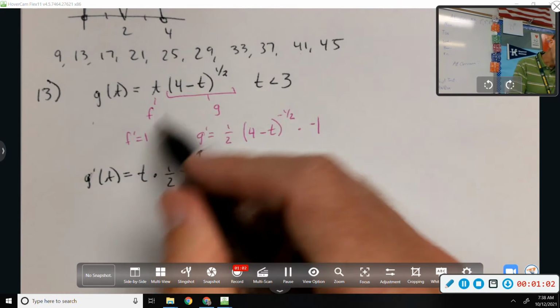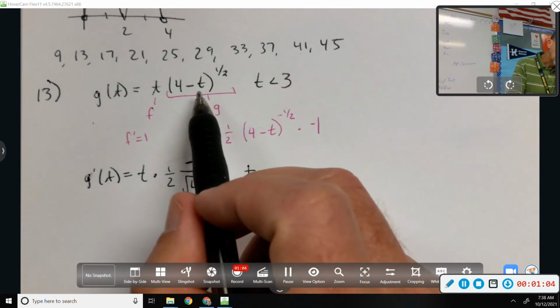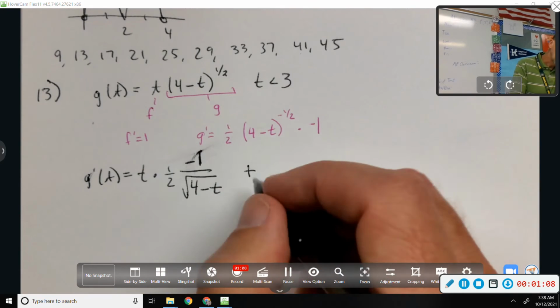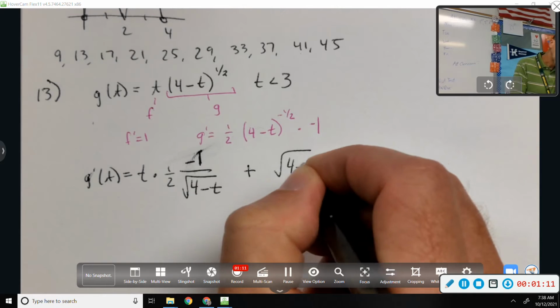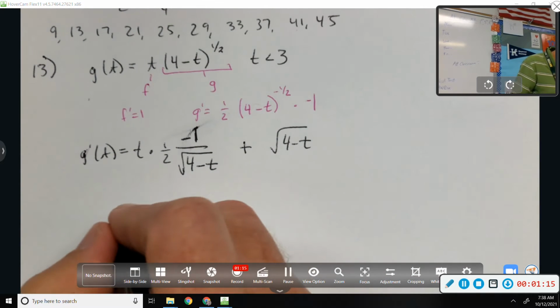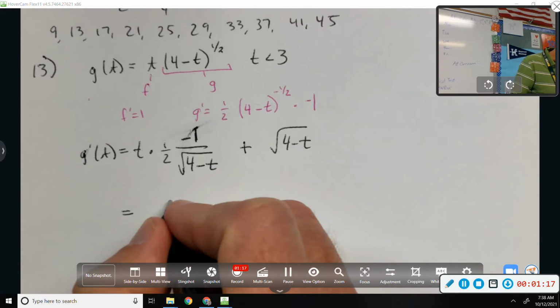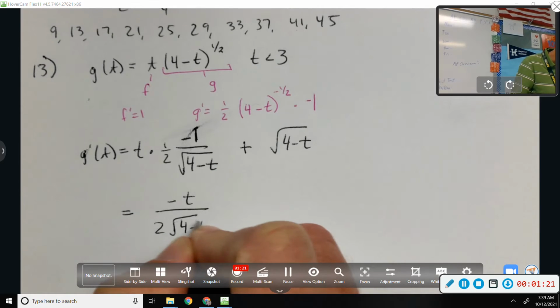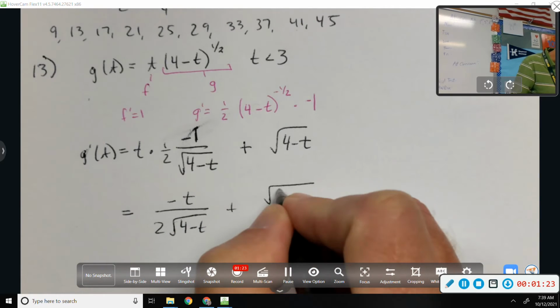Plus the other way around, so that would be 4 minus t to the 1/2 times 1, or just square root 4 minus t. Let's see, so negative t over 2 square root 4 minus t plus square root 4 minus t.